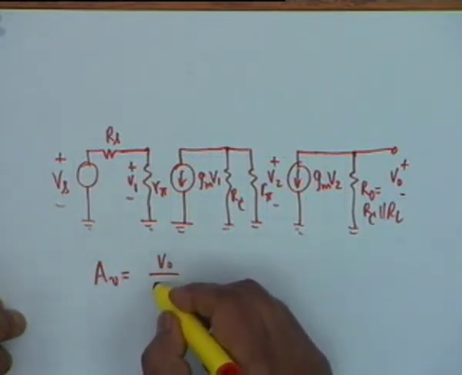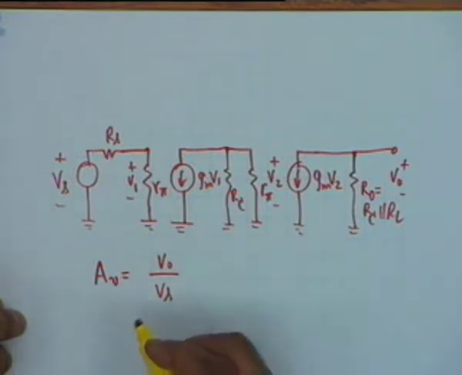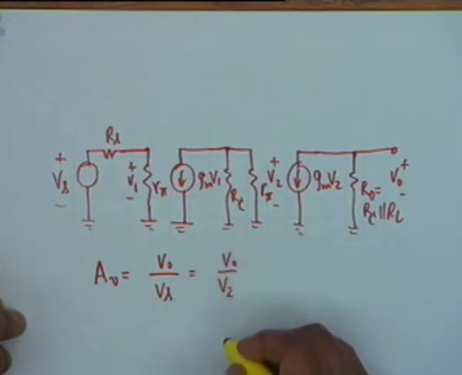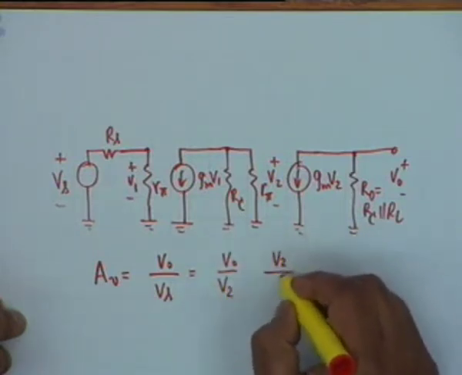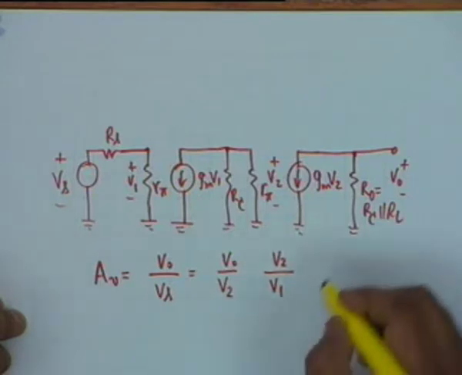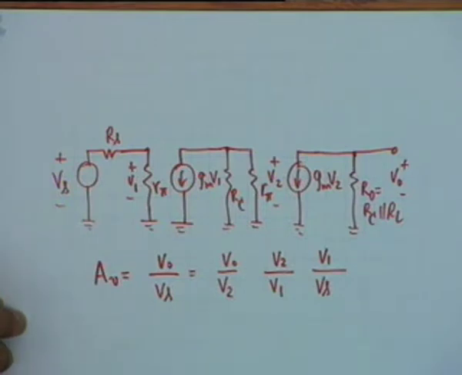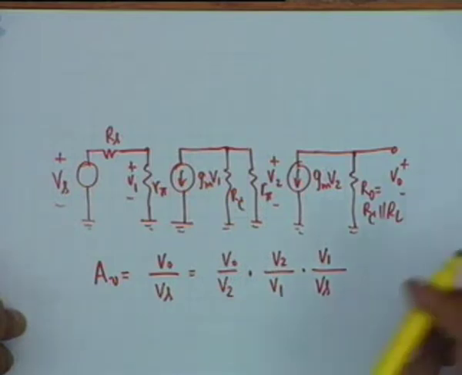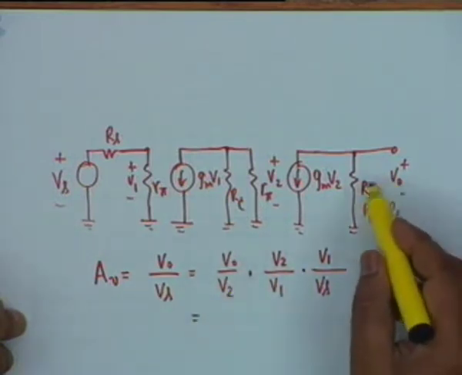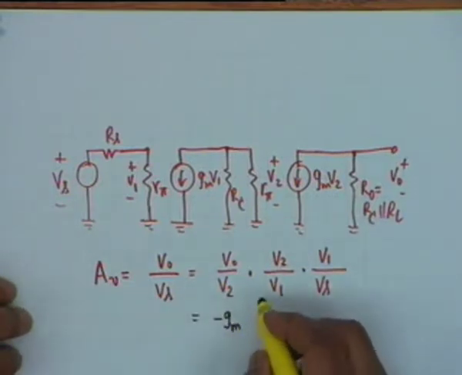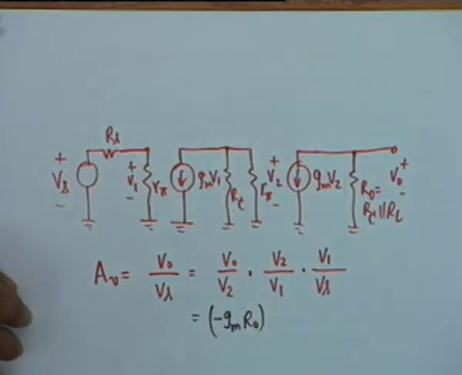V0 by Vs is the voltage gain, and we calculate this in 3 steps: V0 by V2, then V2 by V1, and then finally V1 divided by Vs. It is quite clear that V0 by V2 is simply minus gm times R naught.